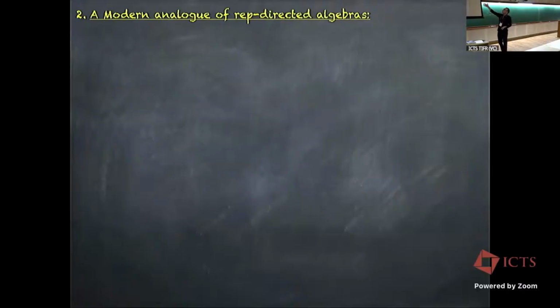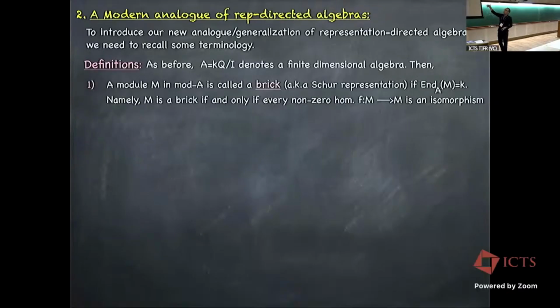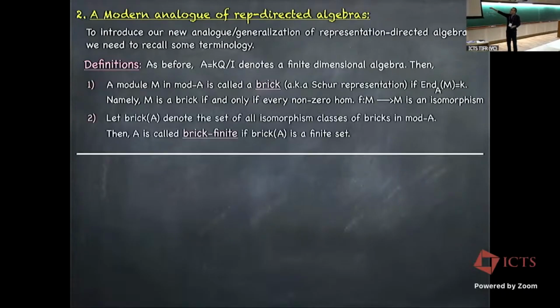So, a modern analog of representation-directed algebras. I'm going to go a little bit faster because now we have the tools and techniques. I just recall that a module is called classically or traditionally a brick, or sometimes a Schur representation, if the endomorphism algebra is trivial, meaning that every non-zero morphism from that module to itself is invertible, is an isomorphism.